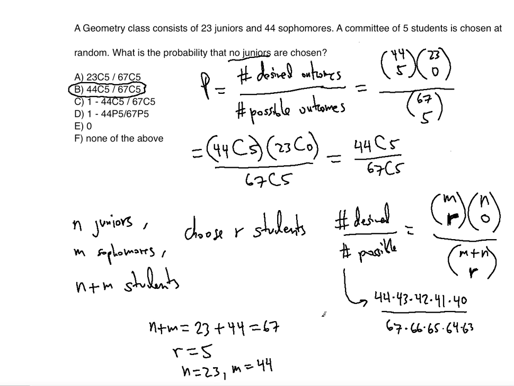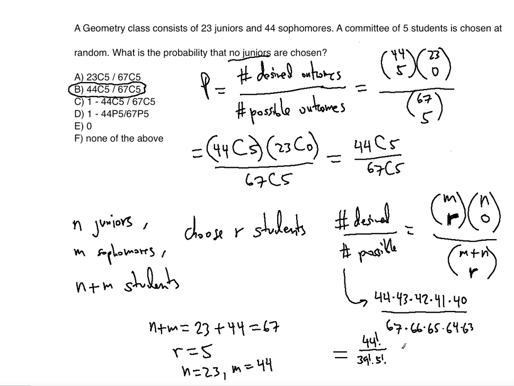And the equivalent of that using factorials would be 44 factorial, dividing it by 39 factorial, and also by 5 factorial, right?